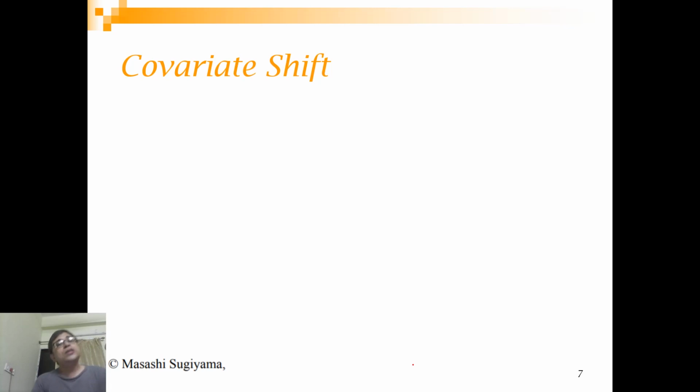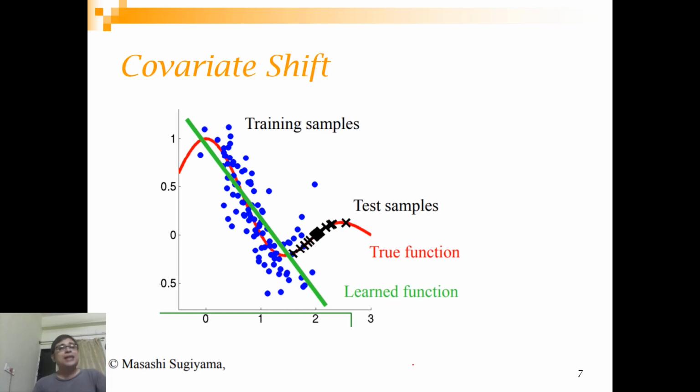Okay, so there is something called covariate shift. Let's understand this. Let's say your decision function is something like this red curve, right? And these blue lines were what you got from the data. Okay, these were your training samples.